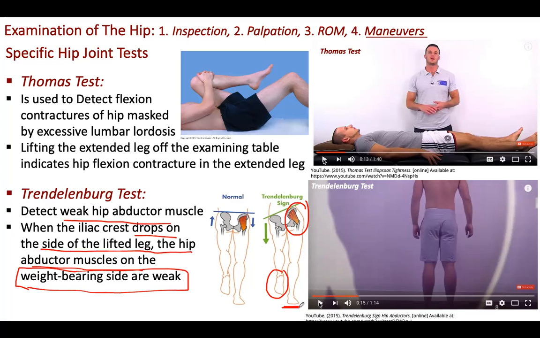It diagnoses weakness of the abductor muscles on the weight-bearing side. In other words, when this foot is on the ground and this foot is off the ground, the two iliac crests will normally be aligned. But when this one drops too much, it's because the other side cannot keep this iliac crest high enough.